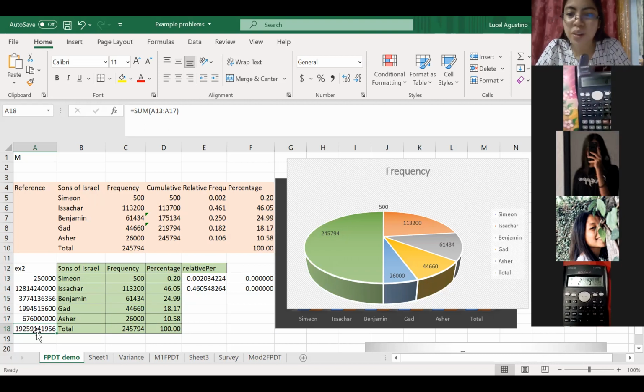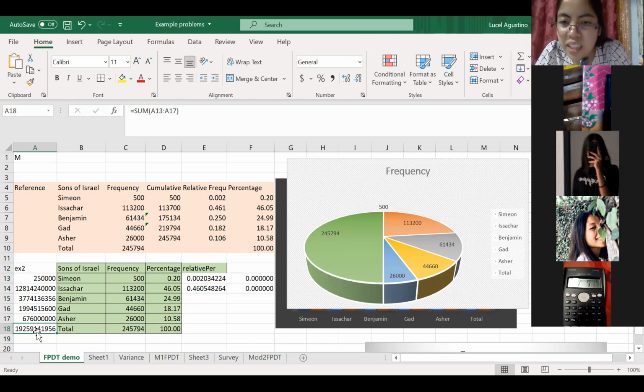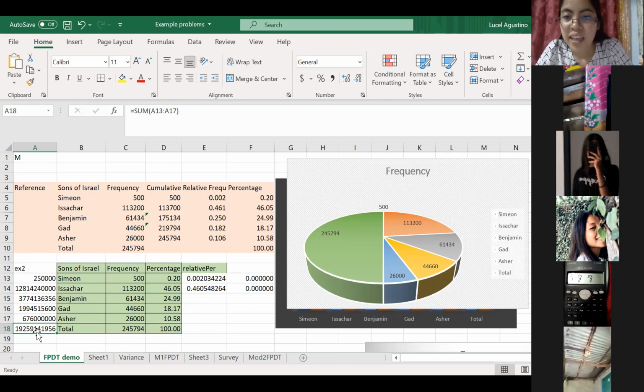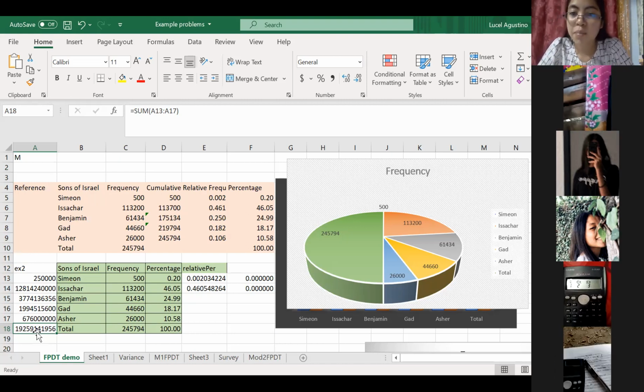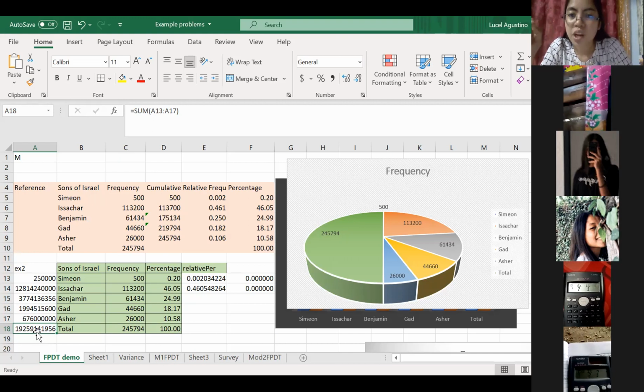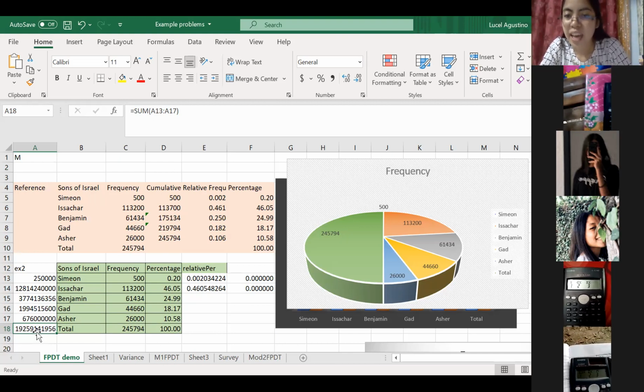Okay, very good. I saw on Richelle's screen the sigma x and then the x bar, that is the mean of your data set. And then the sigma with a circle, that is another version, the population standard deviation. And then the s, sx, that is the sample standard deviation.